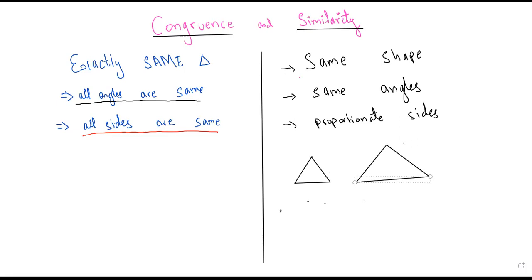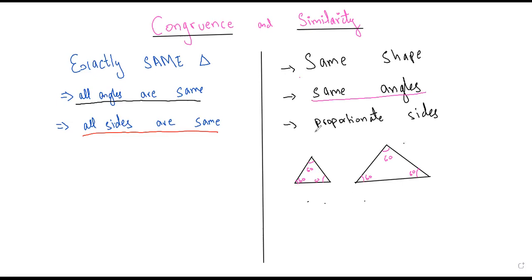You have been told that all the angles are 60 degrees in both. Since all the angles are the same, both these triangles are similar triangles.